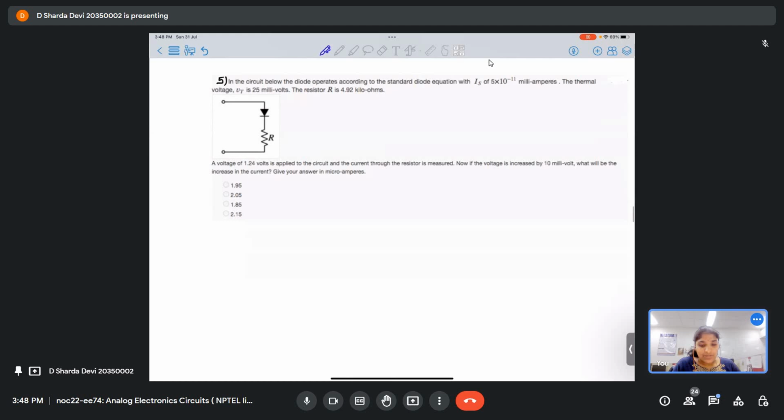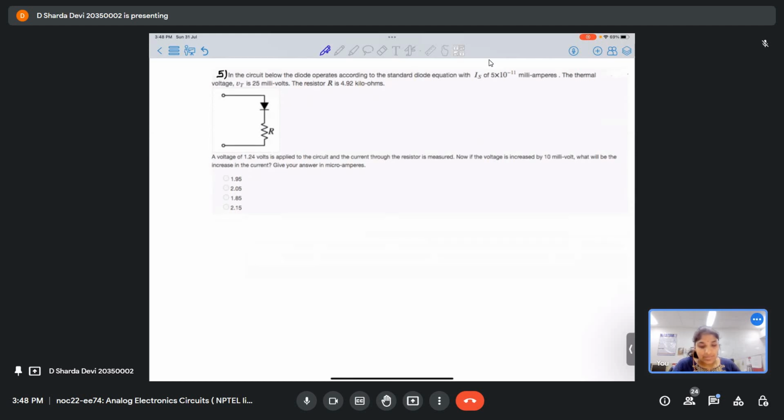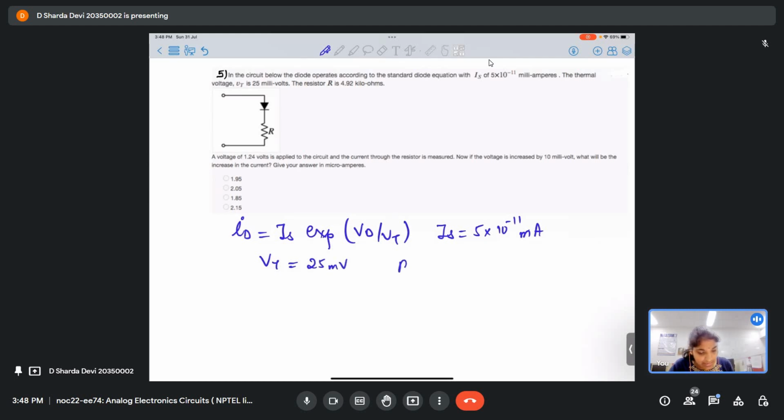Okay, so in this question, what is given: in the circuit below, the diode operates according to the standard diode equation. Standard diode equation means again the same equation. Here IS is also given as 5 into 10 to the power minus 11 milliamps. VT has been given to be 25 millivolts, and R is given as 4.92 kilo ohms.